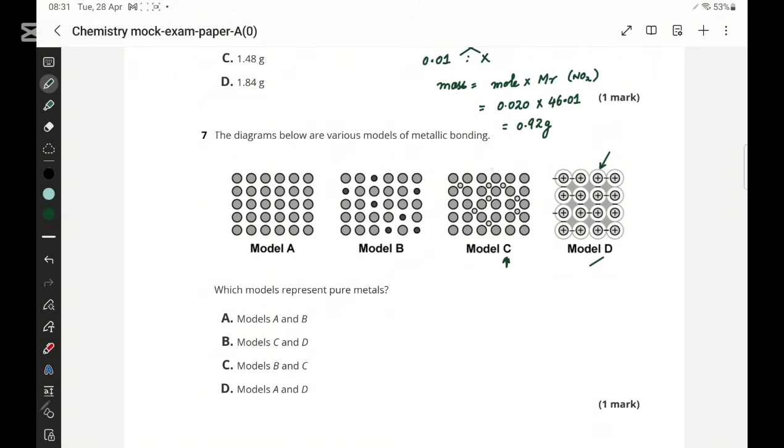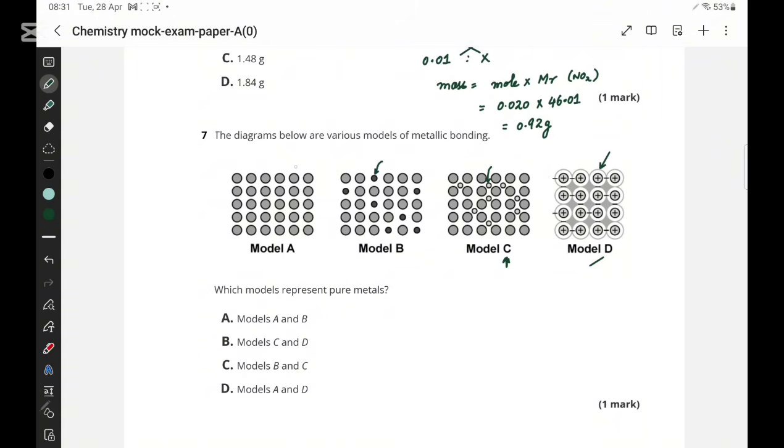because you can see there is another element that has been put inside it. And this is also an alloy, because you can see although they are arranged in a crystal lattice structure, there is some smaller element which is present between the bigger element.